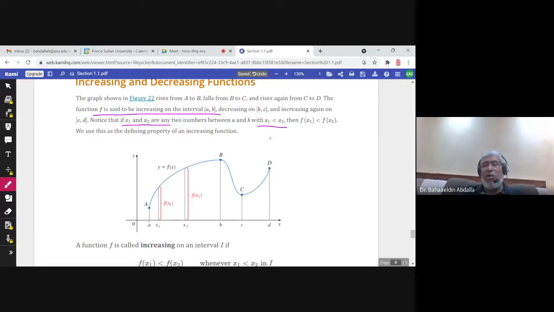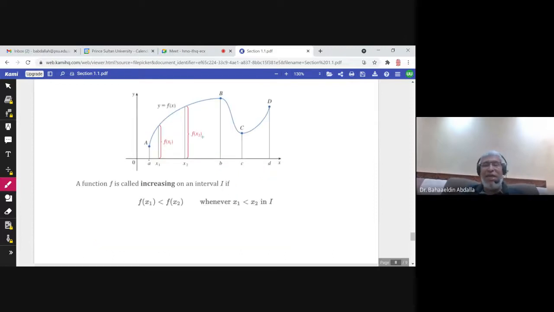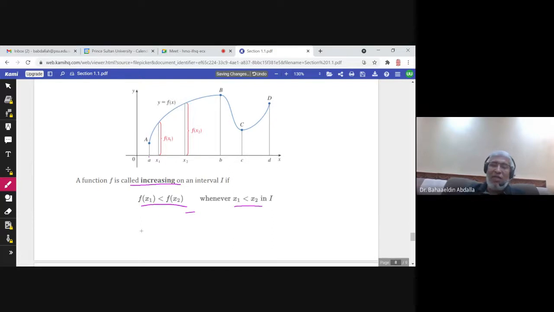So whenever x1 is less than x2, f of x1 is less than f of x2. This is the definition of an increasing function. So we say that f is increasing whenever f of x1 is less than f of x2, whenever x1 is less than x2 in that interval.